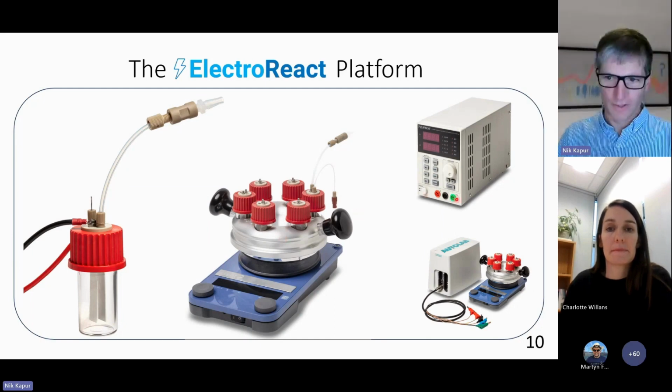Here you could use a single channel power supply and wire all of these in series to give you the same current through each reactor, or you could wire them all in parallel, which will give you the same potential across each cell. Or you could do as Charlotte showed earlier and have multiple power packs to control each set of conditions separately. And again, because there's a great deal of flexibility, you can do CV measurements, for instance, using a supplier of a potentiostat.